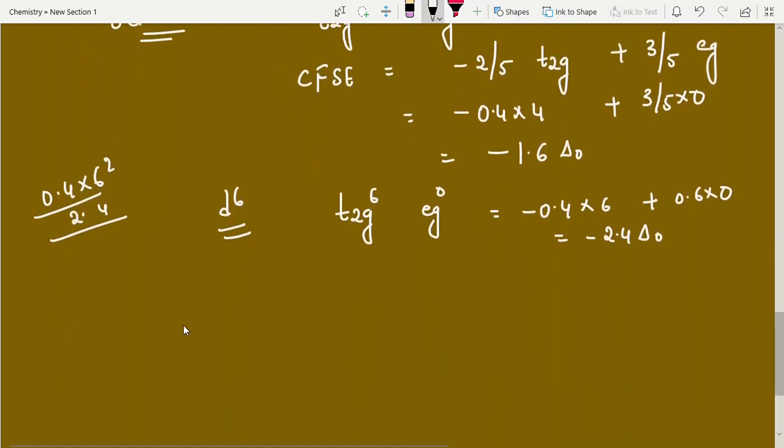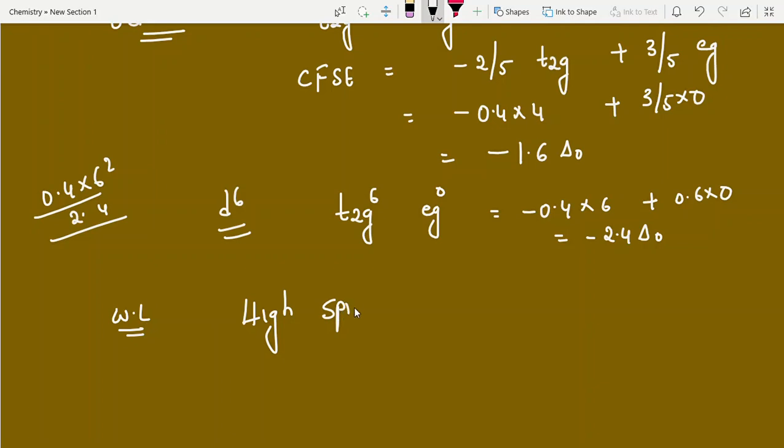Now, suppose weak field ligand is there. Weak ligand is there, and they will mention high spin complex also sometimes. High spin complex means outer orbital complex, whereas low spin means strong ligand, inner orbital complex.